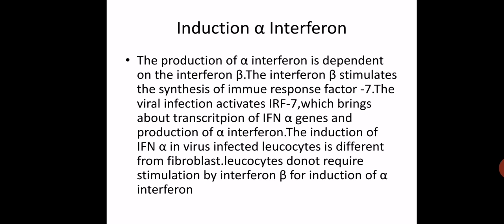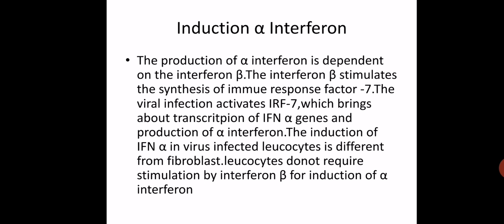Leukocytes do not require stimulation by interferon beta for induction of alpha interferon. Whenever the leukocytes are producing alpha interferon, they do not require the help of beta interferon. What we discussed just now was that the production of alpha interferon is dependent on beta interferon.